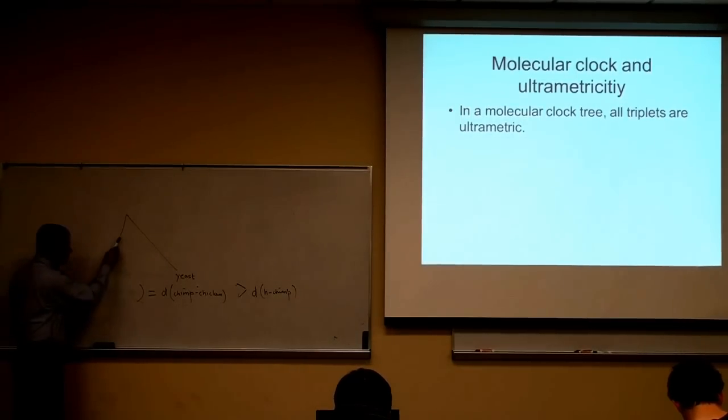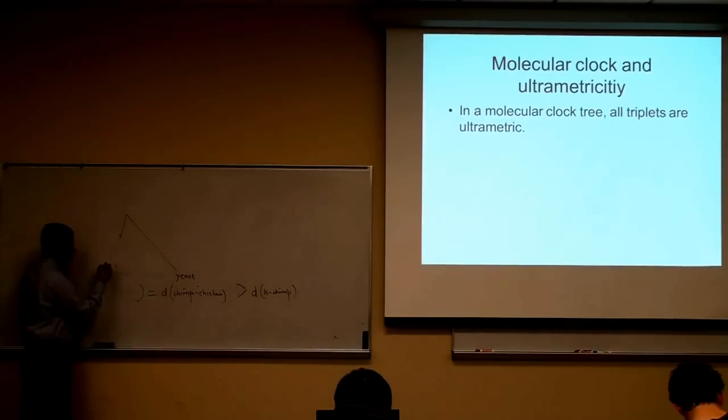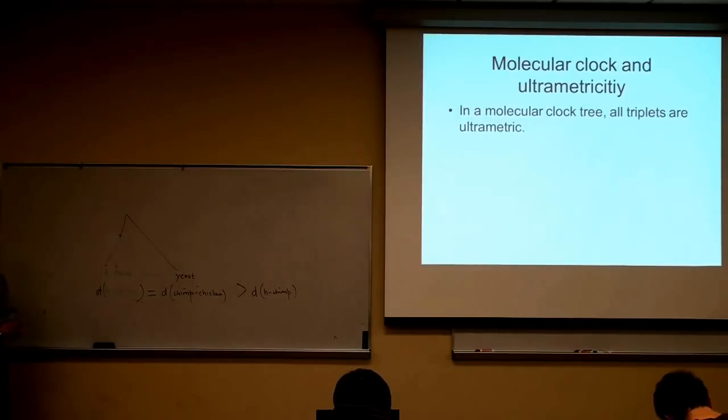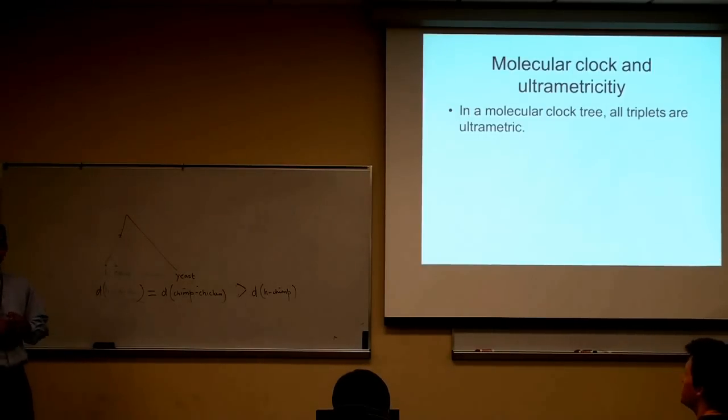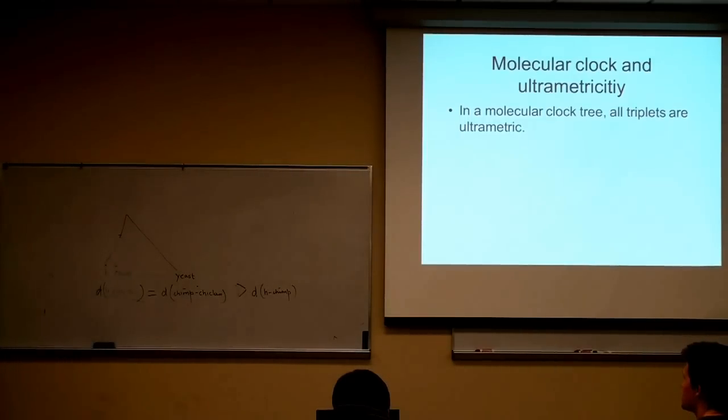Here the distances are pairwise distances. So distance between this and this will be equal to distance between this and this. And the distance between this and this will be less. That's the ultrametric property. And that's going to be true no matter which three species you pick here.